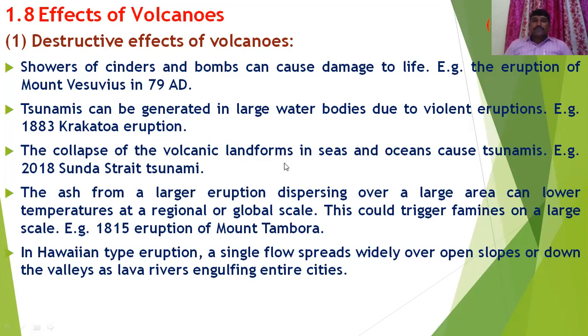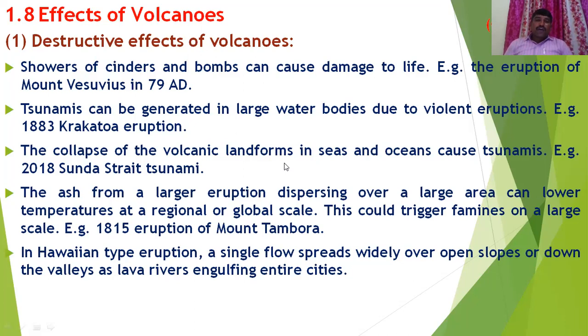Lahars are a violent type of mud flows or debris flows that can bury entire cities in a matter of minutes, causing a high number of casualties. For example, the eruption of Nevado del Ruiz volcano in 1985.